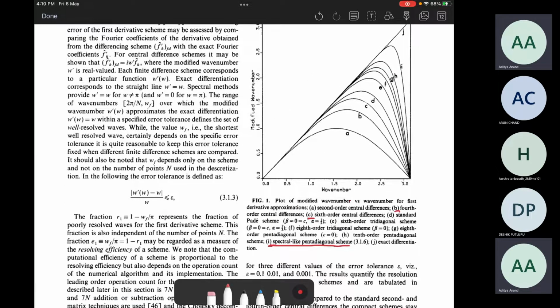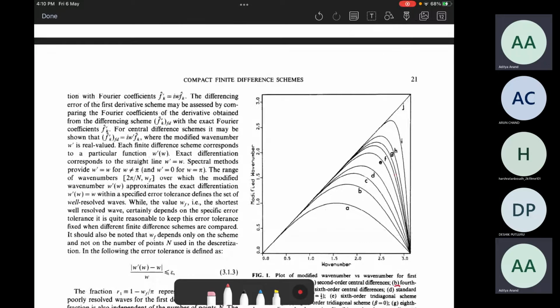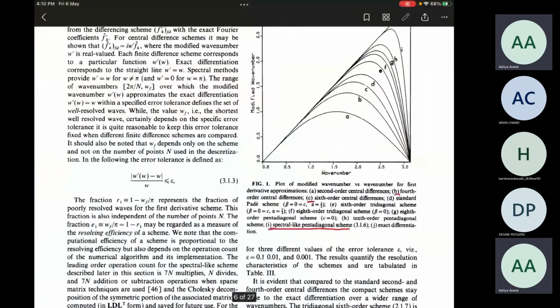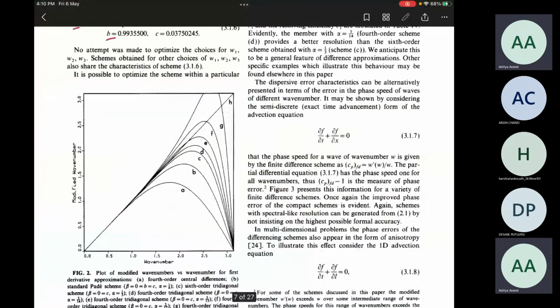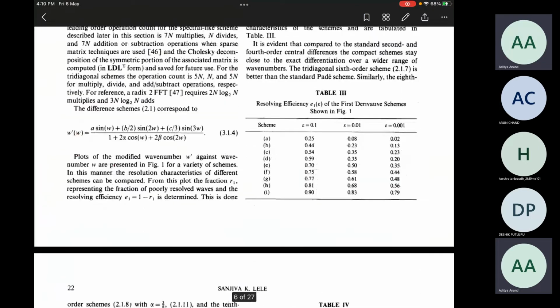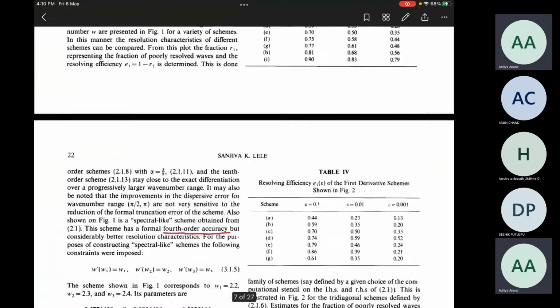Although the order of the scheme may not be as high, you can resolve a higher number of wave numbers. That's how the differentiation error is quantified here. Okay, so this was for first derivative approximations.